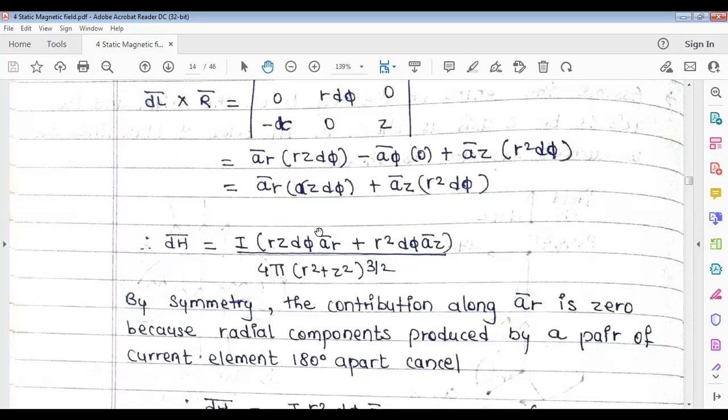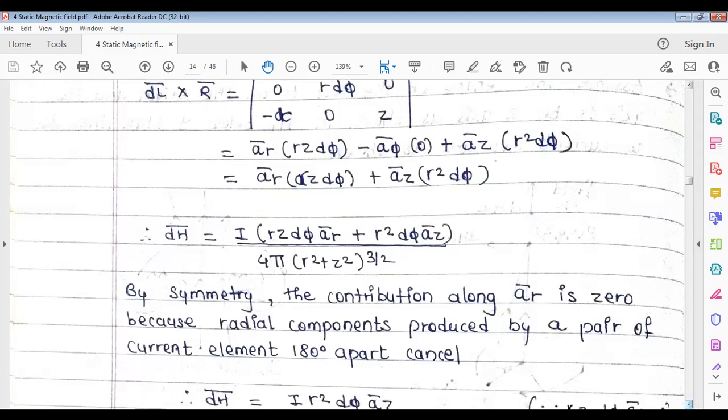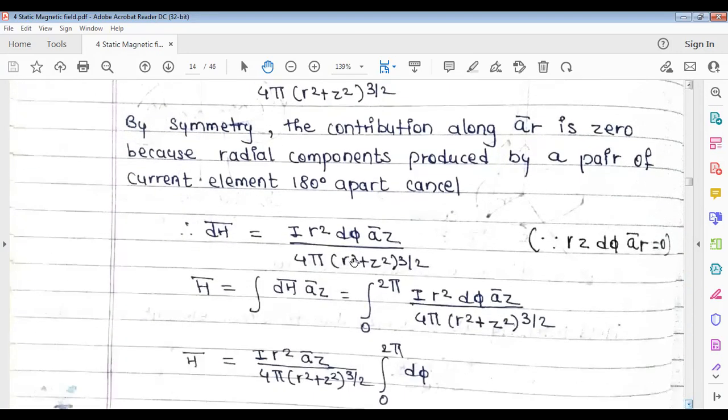So what will be the remaining quantity? The remaining term will be only I r square d phi a bar z divided by 4 pi, r square plus z square raised to 3 by 2.